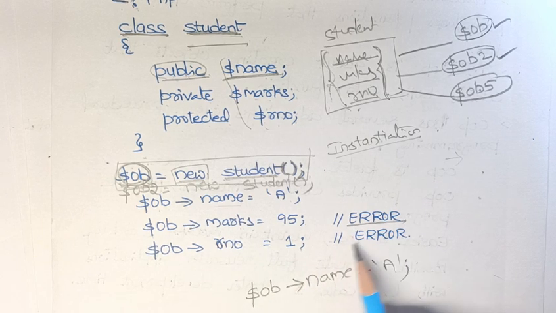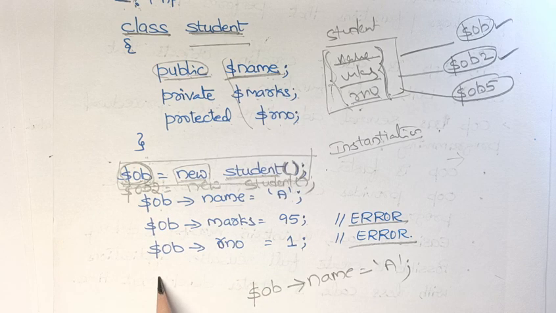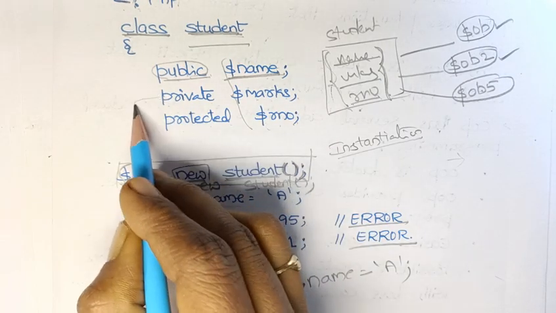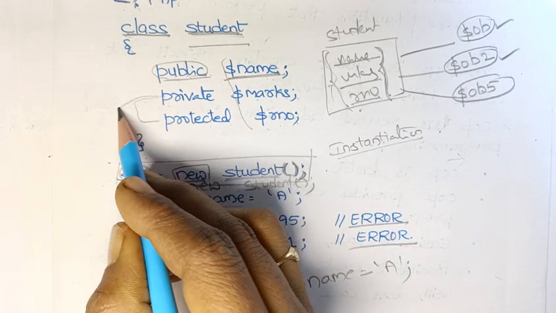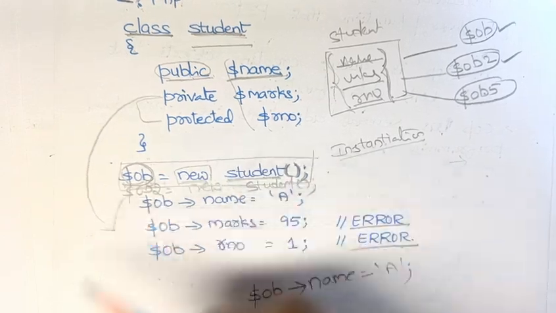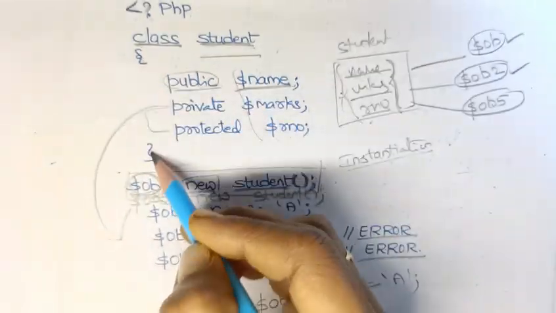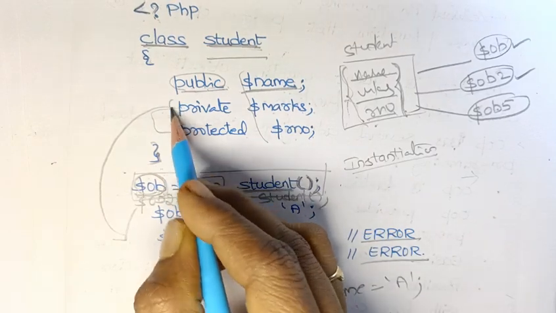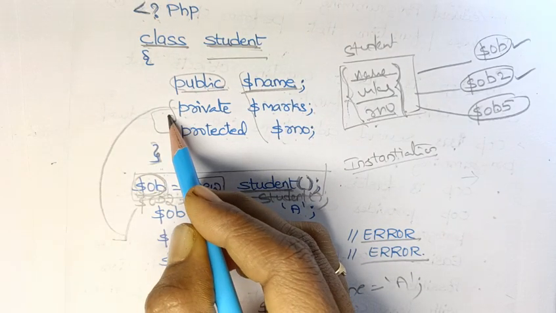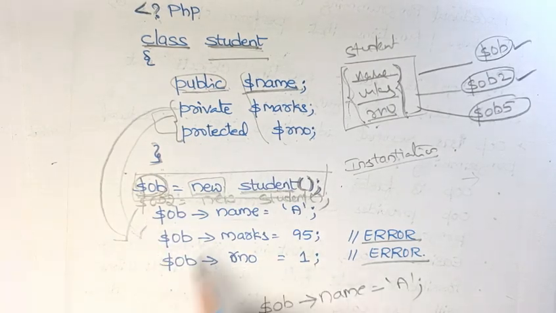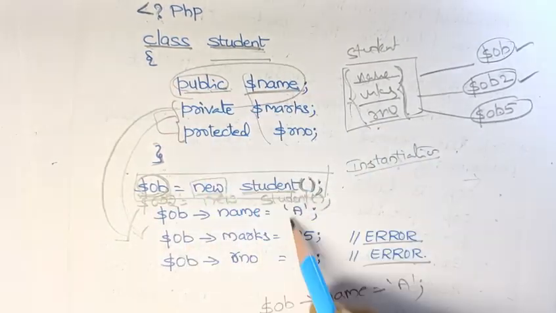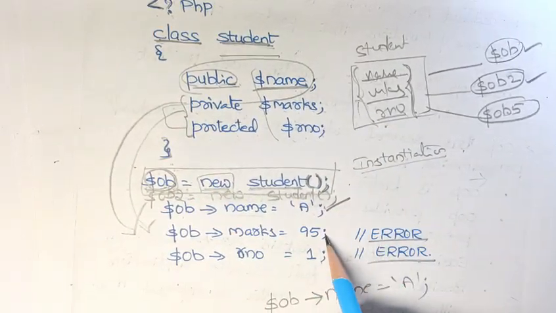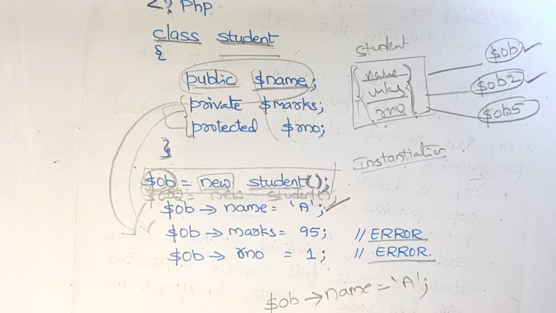But here it will show an error if you observe. Why? Because private and protected members you cannot access outside of the class. Here the class limit is only up to this closing brace. You cannot access the class variables outside of the class. So only the public variable you can access. If you try to access the others, it will show the error.